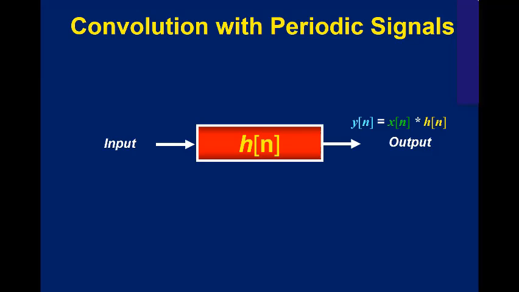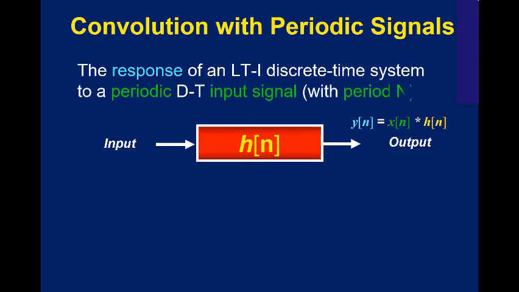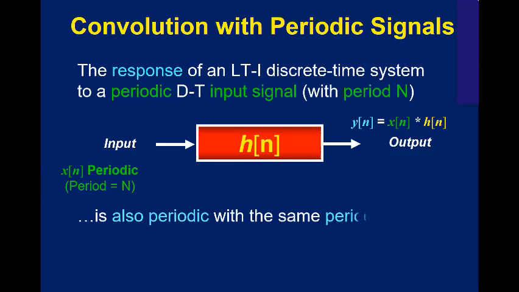First is looking at what happens if we do a convolution with one or two periodic signals. Now, because we have a linear time invariant system, it has the property that if I put a periodic signal into it, the signal that comes out has to be periodic as well and has to have the same period as the input signal.